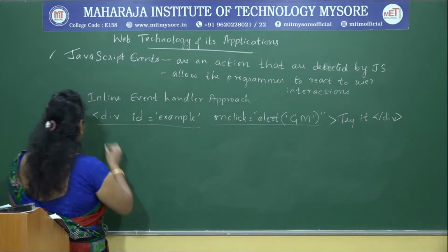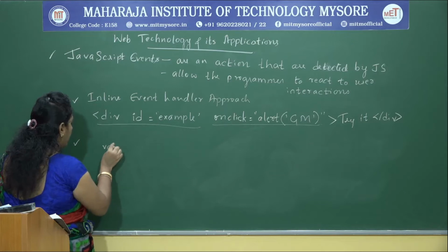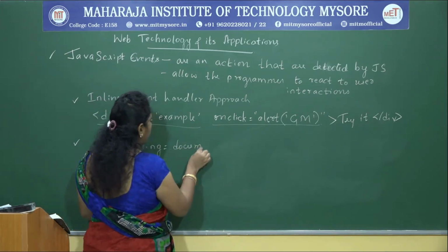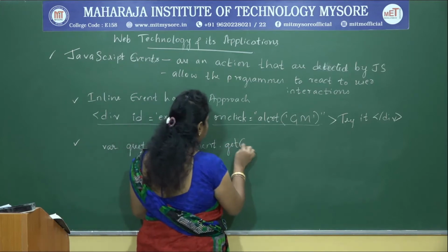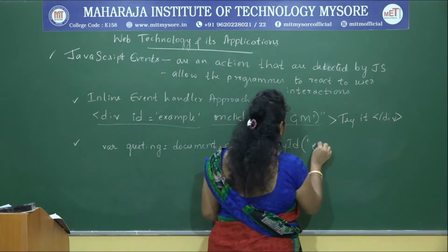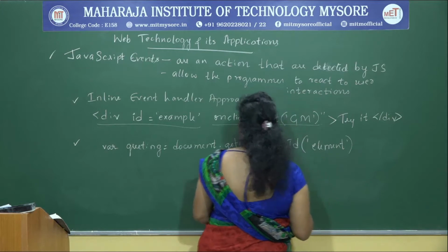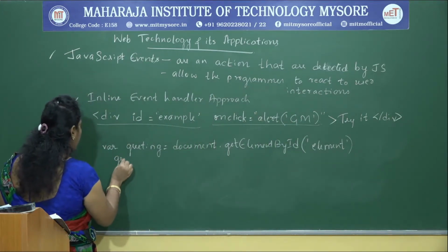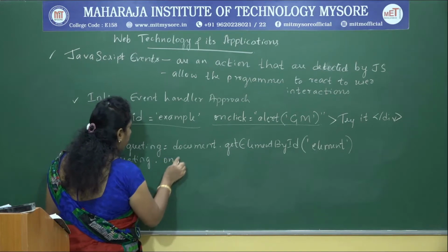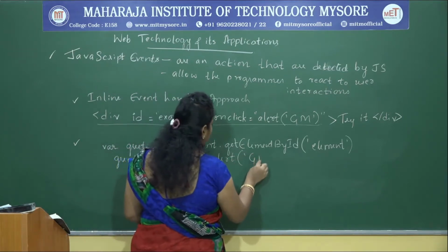One approach is this. For example, I am taking one example: greeting equals document.getElementById, where the ID I am passing is example. Then greeting.onclick equals alert, good morning.